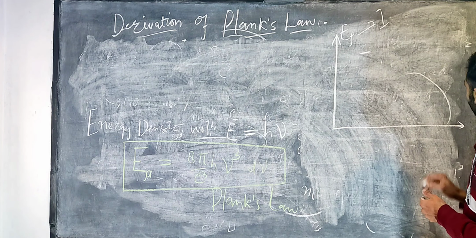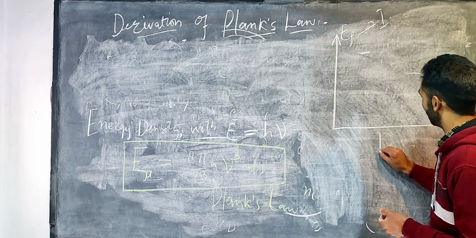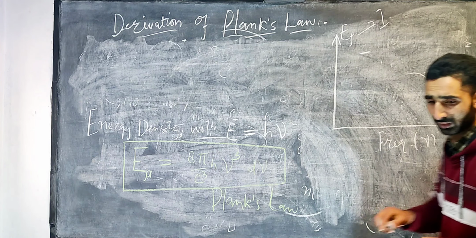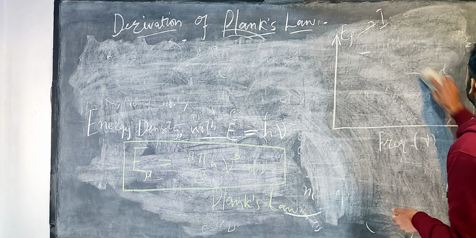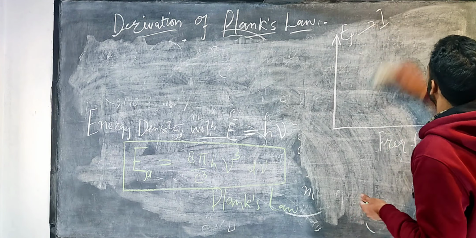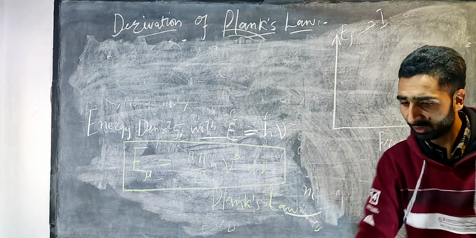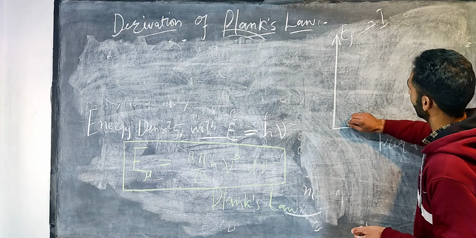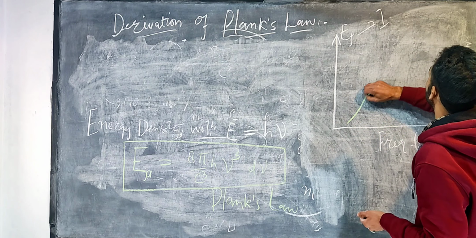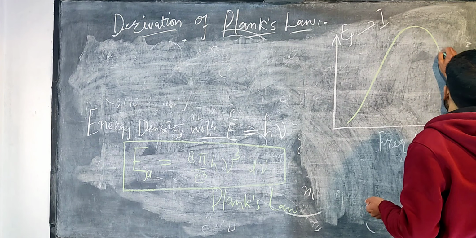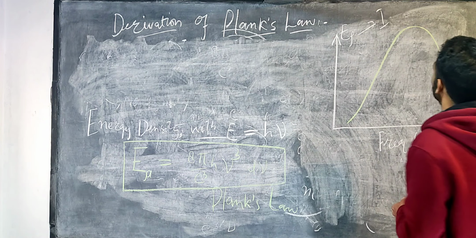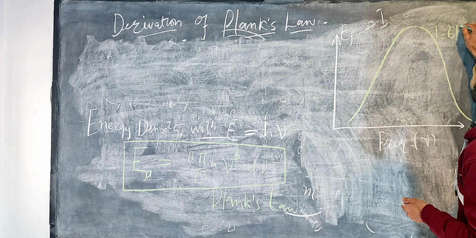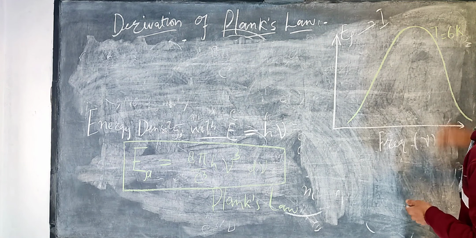So you will see that along this axis we are taking the frequency nu. What will the graph look like? Here the graph will be for a specific temperature. The graph will look like this. This will be our graph for, say, temperature equal to 6000 Kelvin, or something.